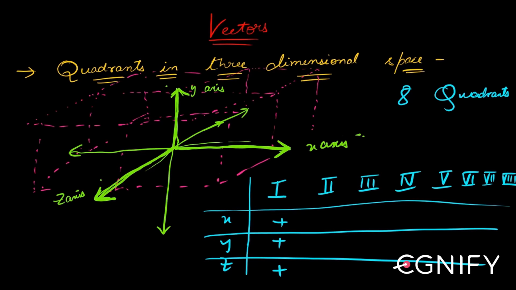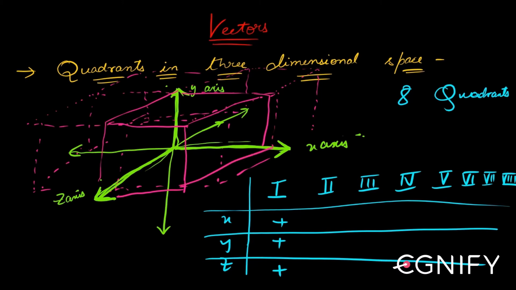You'll be able to understand that I'm talking about this box here, the box on the top and in the front. So this box is your first quadrant, where all 3 are positive.